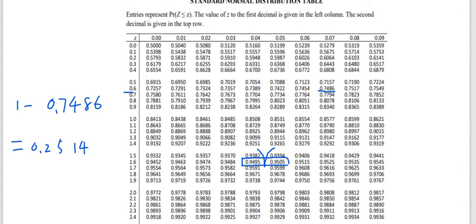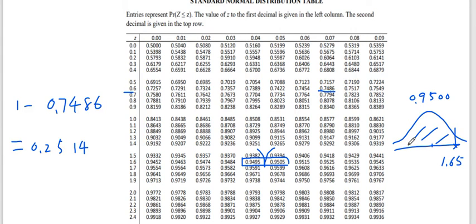So we know if this is 0.9500, then this cut point should be 1.64 or 1.65.